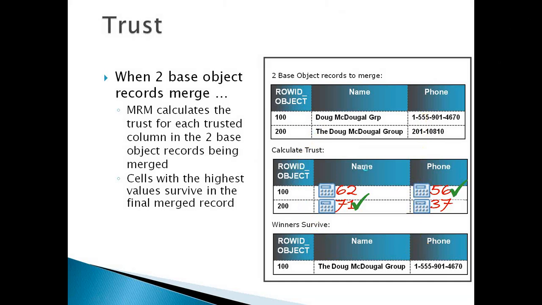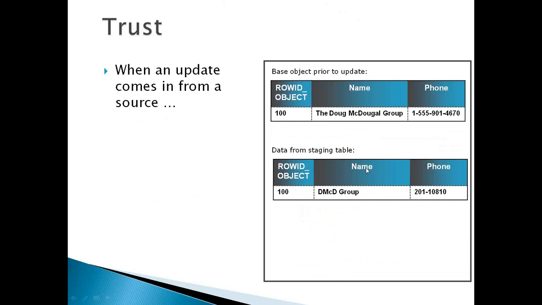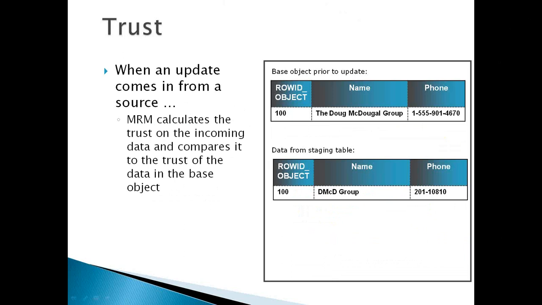Similarly, for example, the other scenario is an update scenario. In the update scenario, I have the same record. I have 71 and 56. This is my base object record on the top, and from the second, I have data from the staging table.